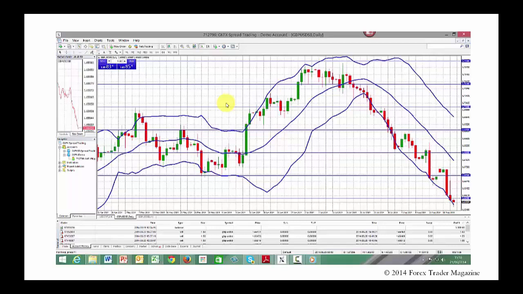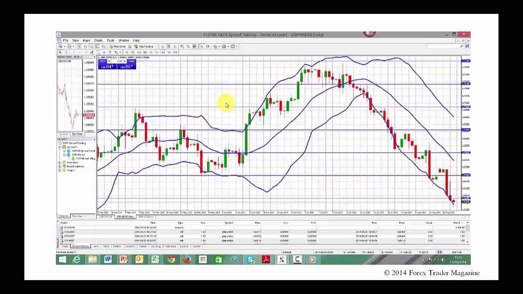But let's start. You can see we've got here, first of all, the central line, which is actually a 20-period moving average. We're currently on the 1-day chart, so each of the candlesticks is 1 day, and that line, the middle line, is following a 20-day moving average of the candlestick values from top to bottom.